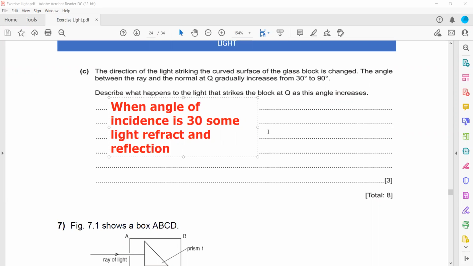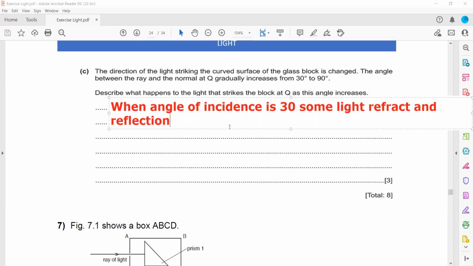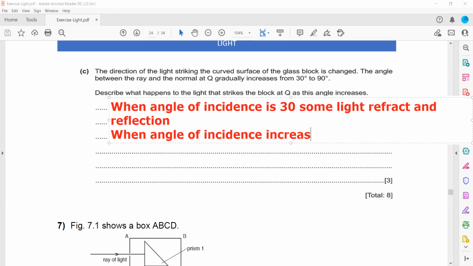When the angle of incidence increases, the angle of refraction will also increase.